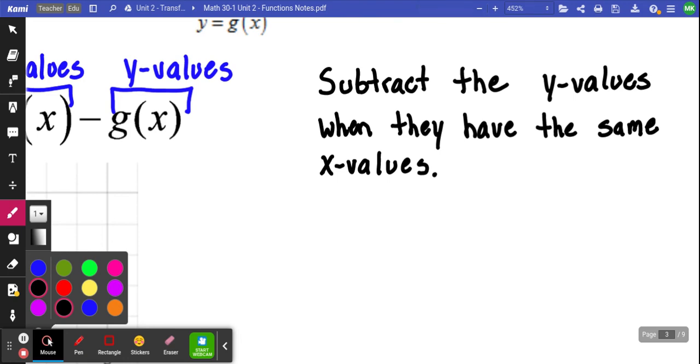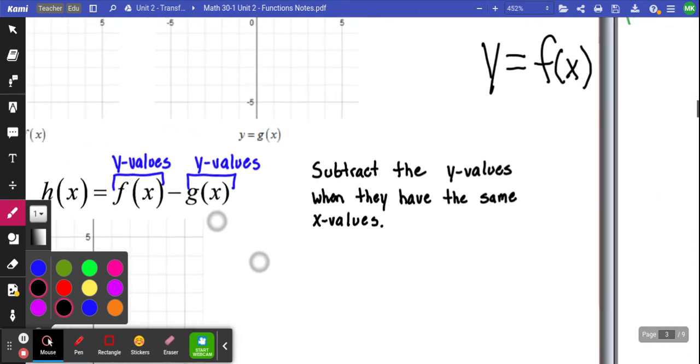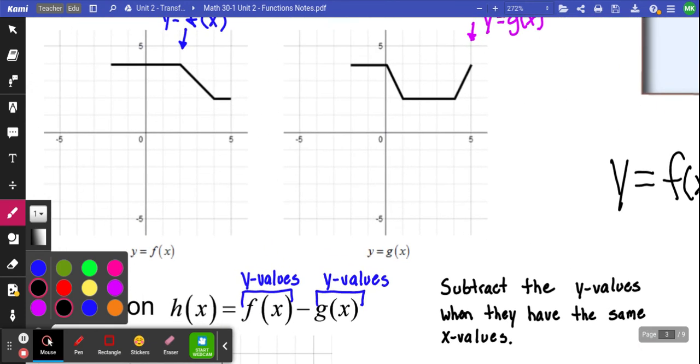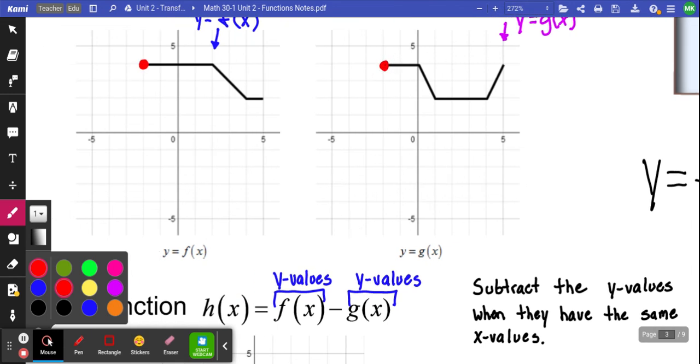So for instance, if I look at my two graphs, f of x on the left, g of x on the right, this point right here and this point right here. On f of x, that is negative 2, comma 4.